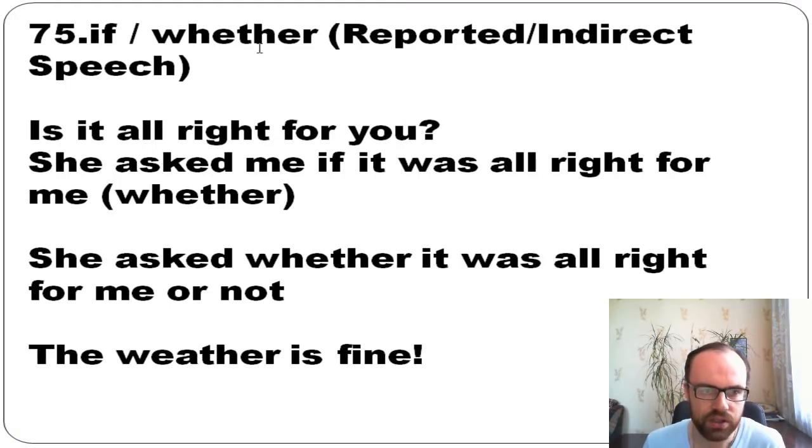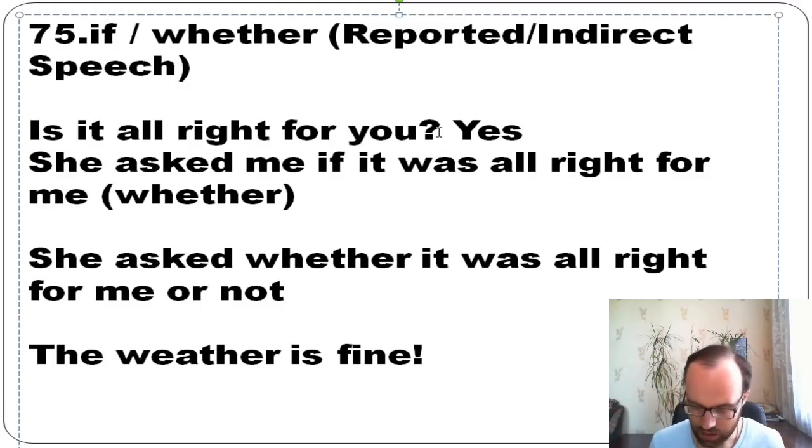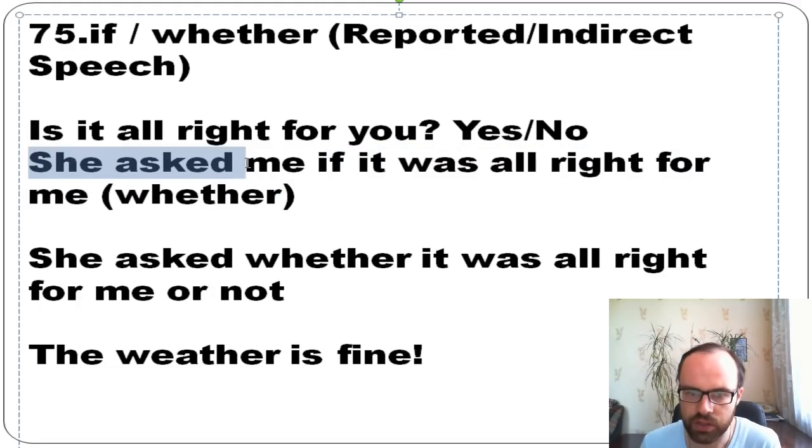Next, if and whether we use it in reported or indirect speech. Look, is it alright for you? The answer is yes or no. So when we want to say it in reported speech, she asked me, we need to say if or whether.